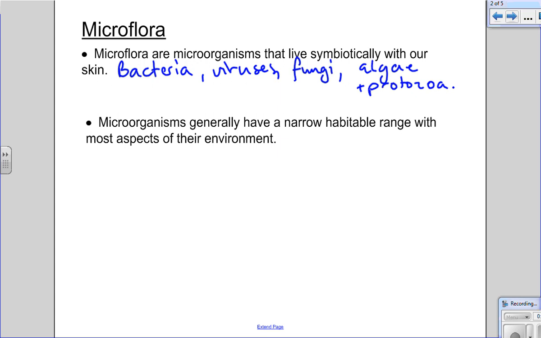Now, they have fairly narrow habitable ranges with most aspects of their environment, and this includes stuff such as pH, temperature, and moisture.